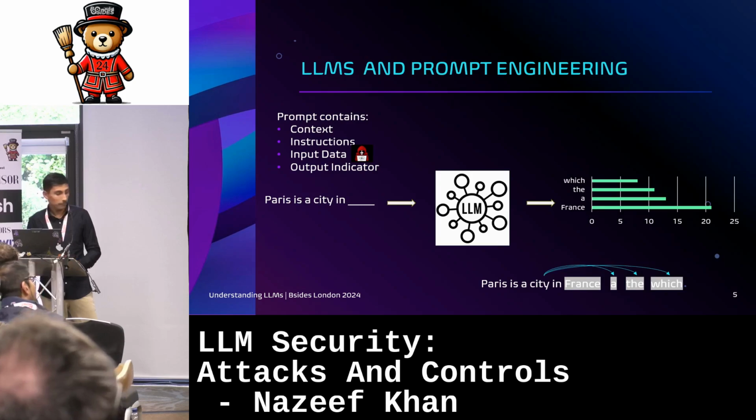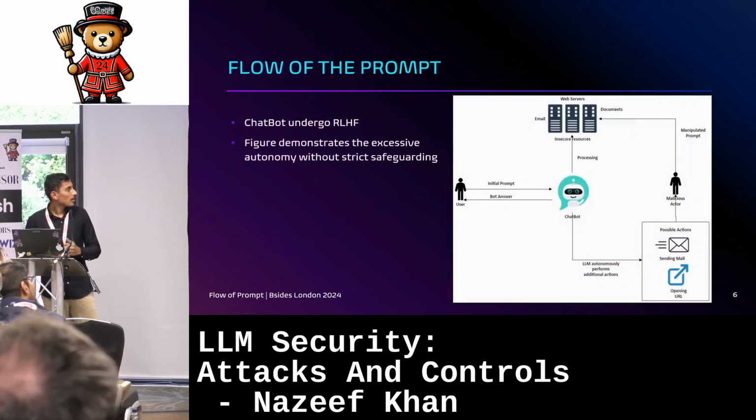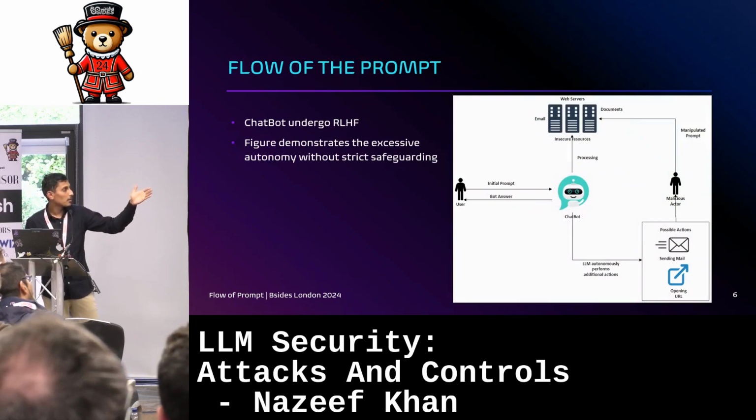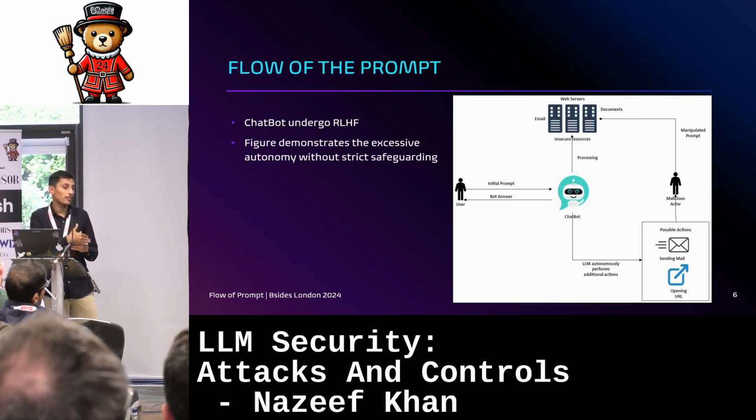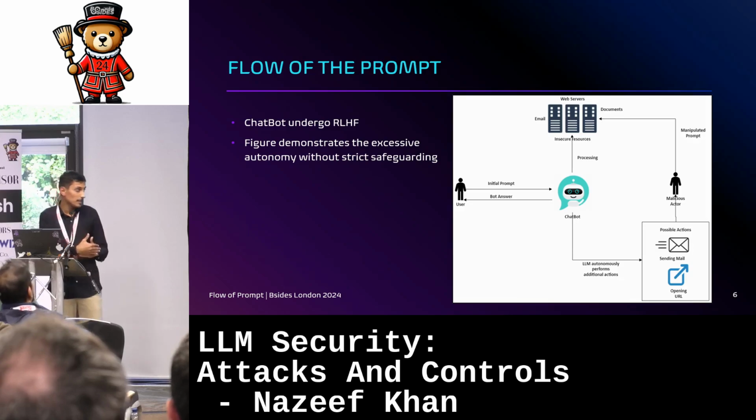Moving on, this is basically a flow of an adversarial prompt, if I'm not wrong. As I already mentioned, when a human builds a chatbot, it undergoes a phenomenon called RLHF, reinforcement learning with human feedback.